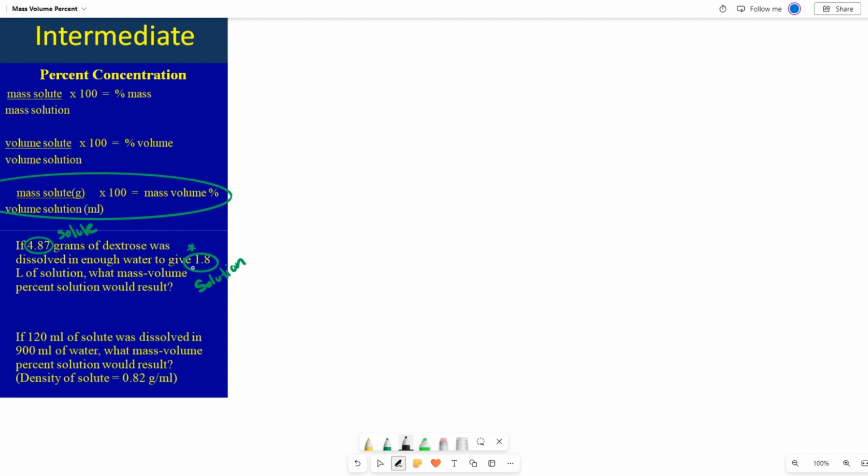So now we need to check, is everything in the correct units? We need to have our solute in grams, it's in grams. We need to have our entire solution in milliliters, but we have it in liters. So our first step is going to be to convert 1.8 liters into milliliters. We'll set up a conversion here.